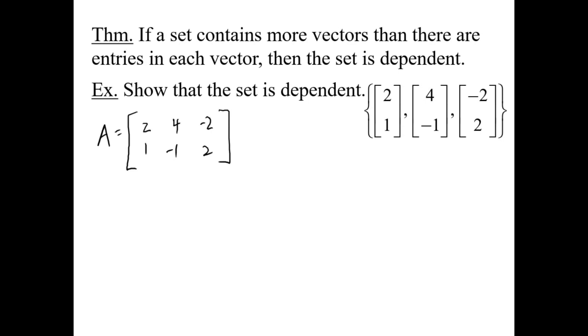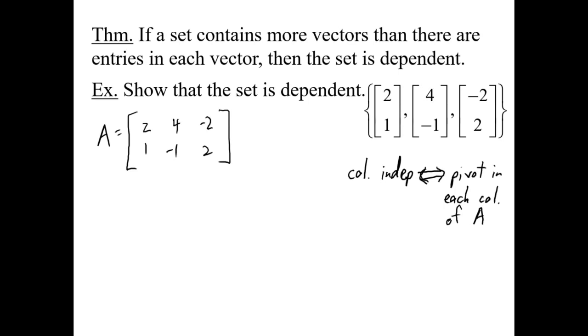We said that the columns are independent if and only if there's a pivot in each column of A?